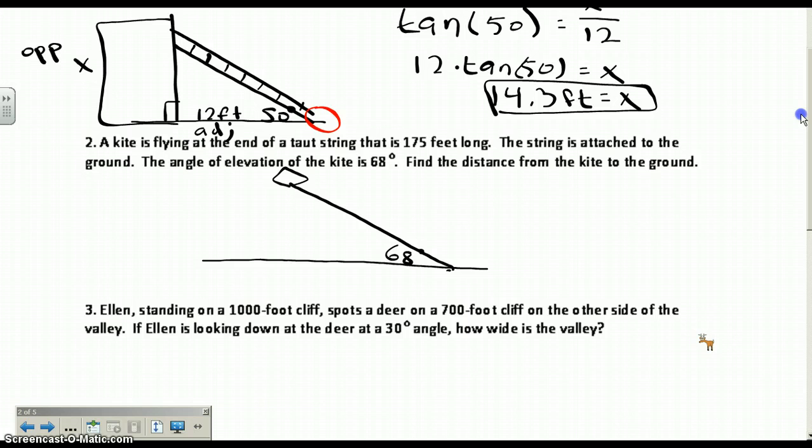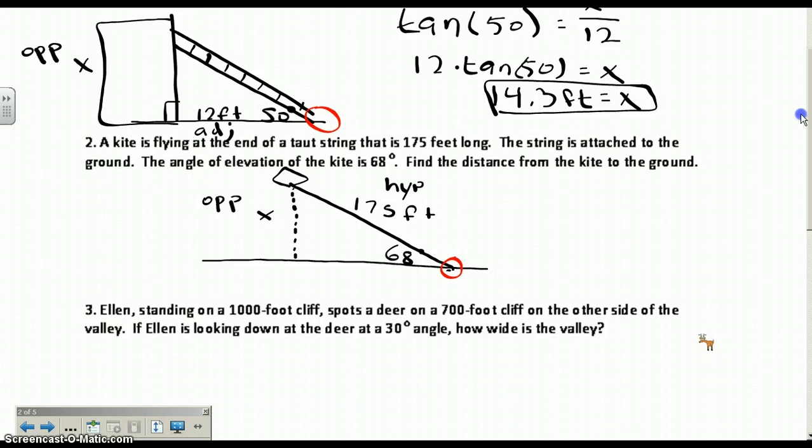It also says the string is 175 feet long. But we need to find the distance from the kite to the ground. So we're searching for this distance right here, so I'm going to label that x. And if we're given this angle, which sides are we looking for and which one are we given? Well, we're looking for the opposite side, and we're given the hypotenuse. So which trig ratio uses that?